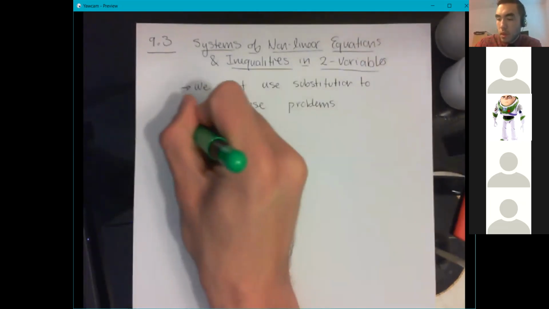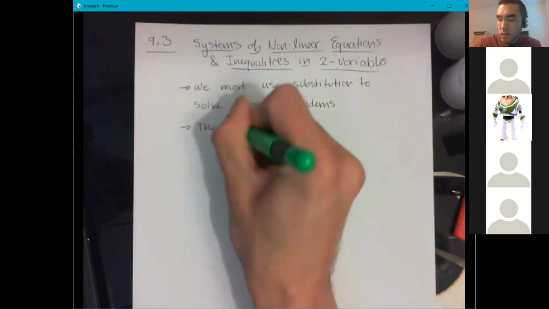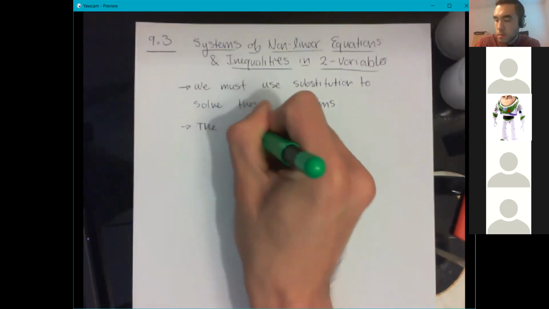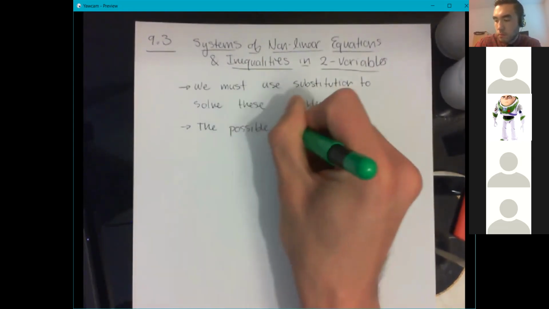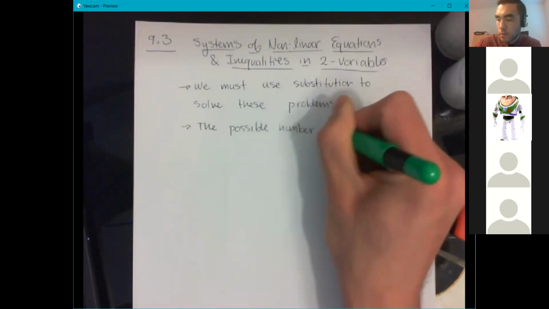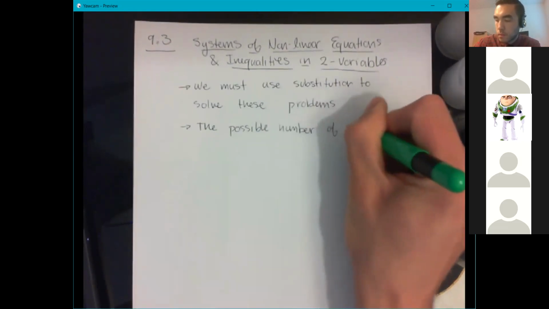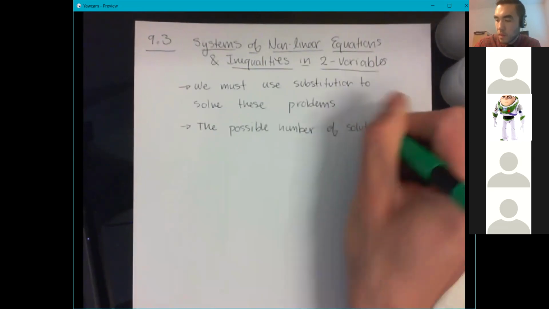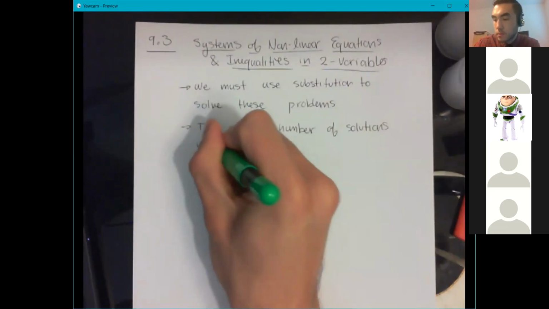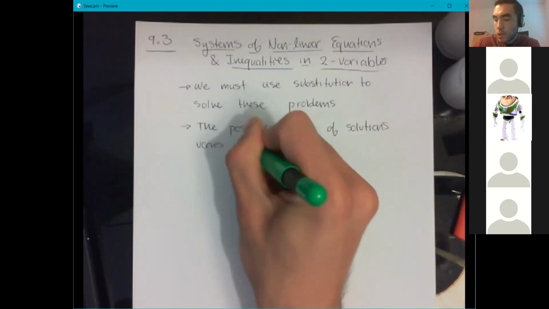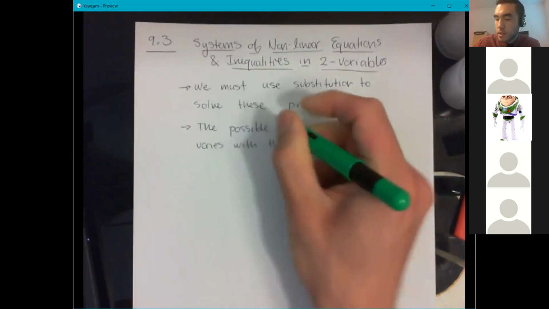And the possible number of solutions varies with the geometry of the objects in our system.